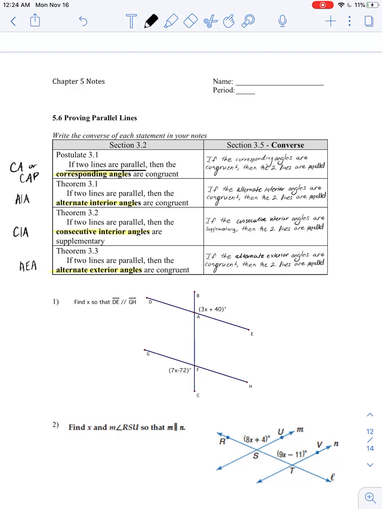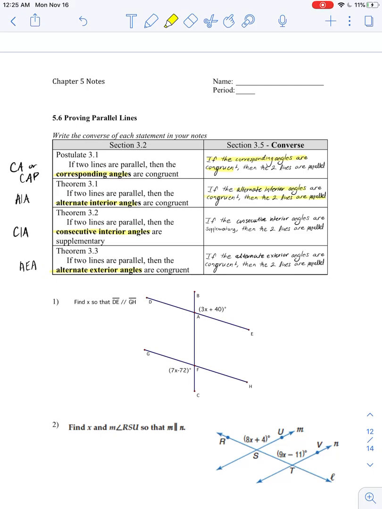The converse of each of these statements is that rather than saying if we have two lines that are parallel, then we have corresponding angles that are congruent, we're now going to say if we know that two angles are congruent in their corresponding locations, then the lines will be parallel as well. It's just the opposite.